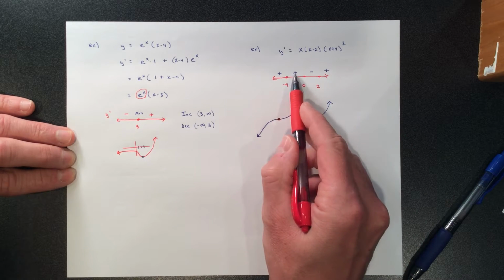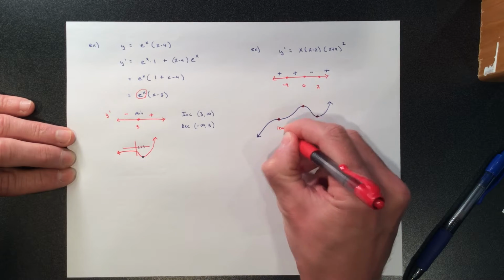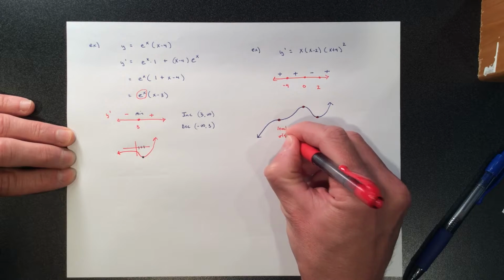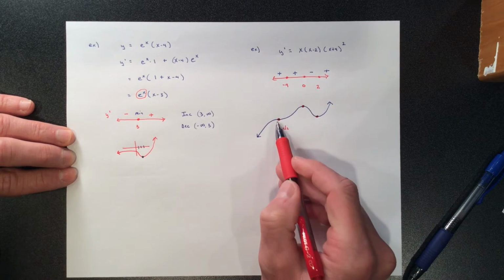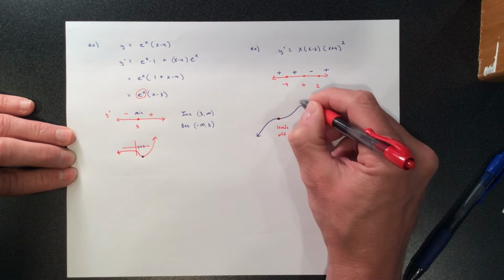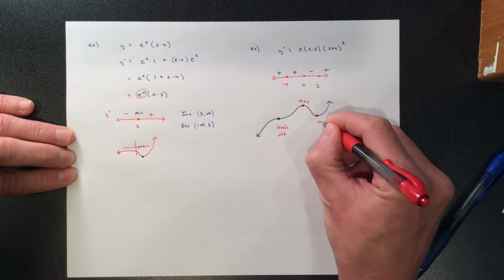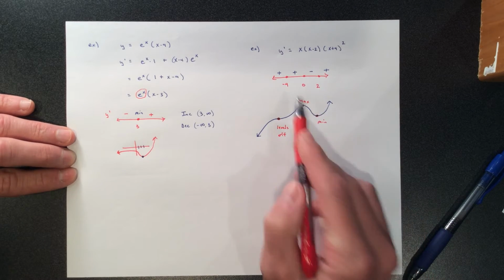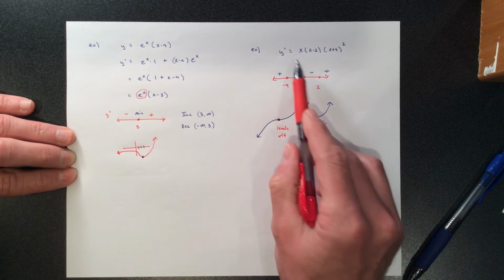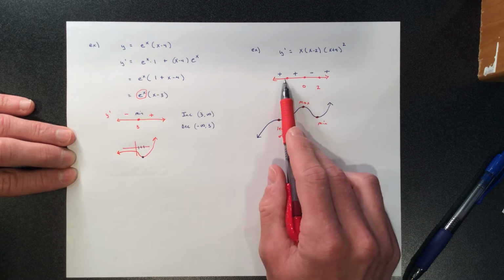But this is increasing and still increasing afterwards. It just levels off. It's a derivative equaling 0 that does not lead to a max or a min. This ends up being increasing and then decreasing, and that's a maximum. This is decreasing and then increasing, and that's a minimum. We've investigated this function by just looking at the zeros of the derivative and finding intervals where it's increasing and decreasing.